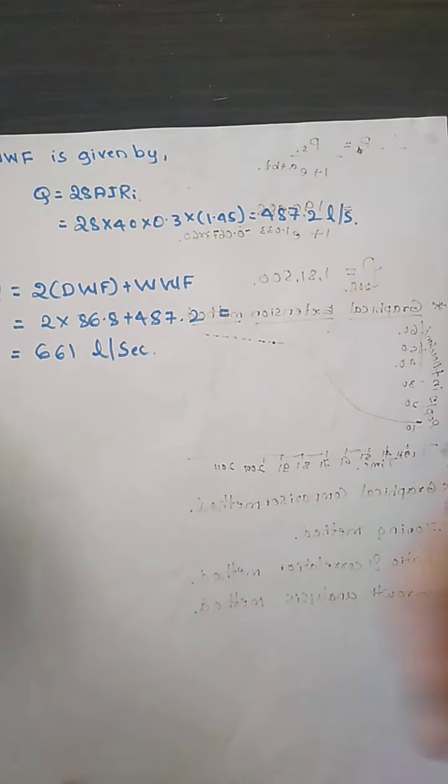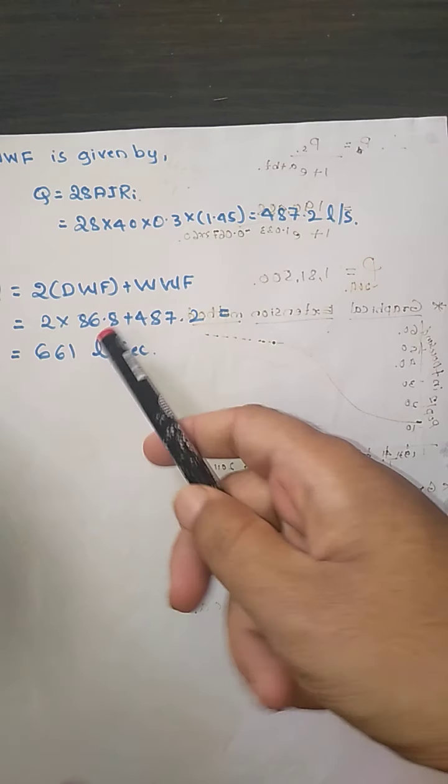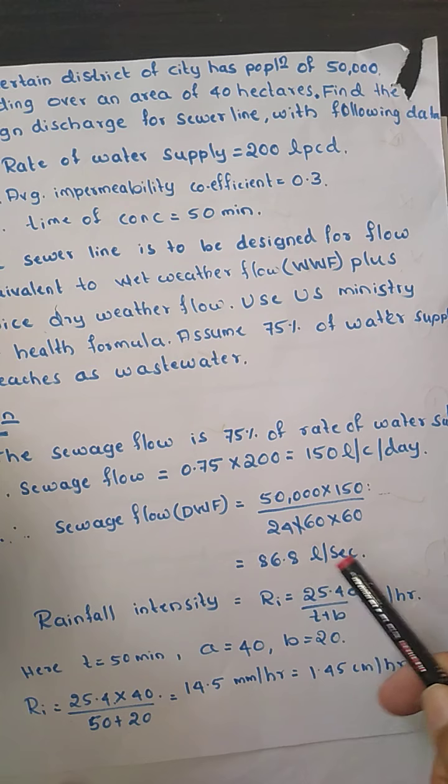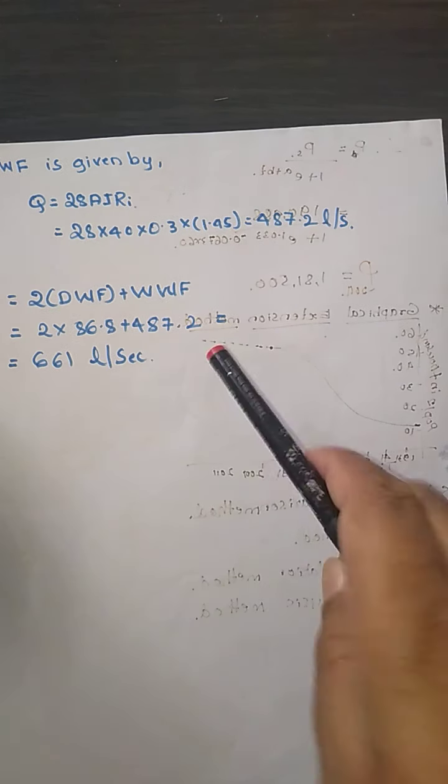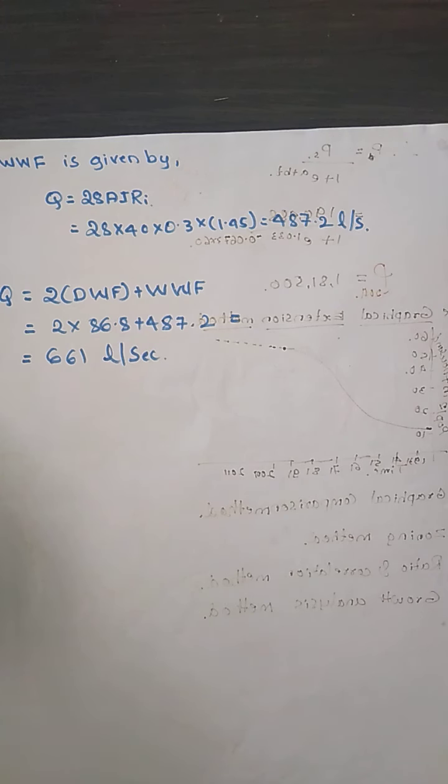Wet weather flow is 487.2 liters per second and dry weather flow we have determined as 86.8. So 2 into 86.8 plus 487.2 will give you 661 liters per second. This is how we have determined the quantity of wastewater flowing into the sewer line.